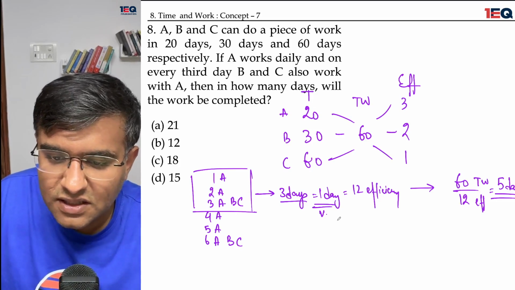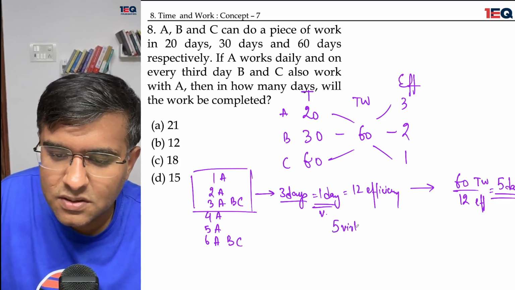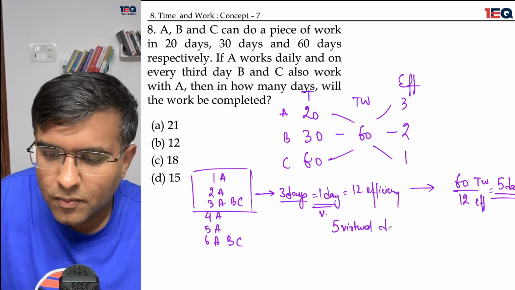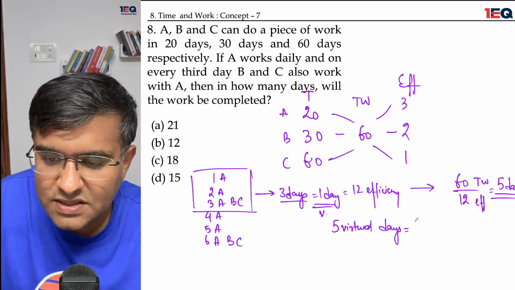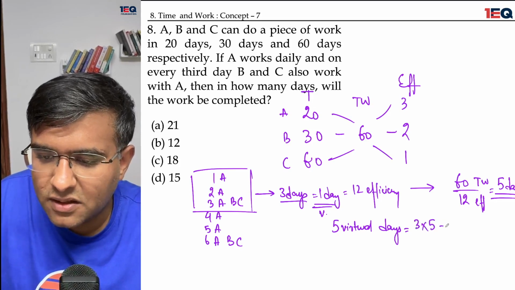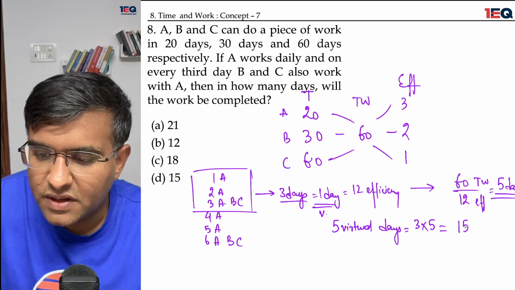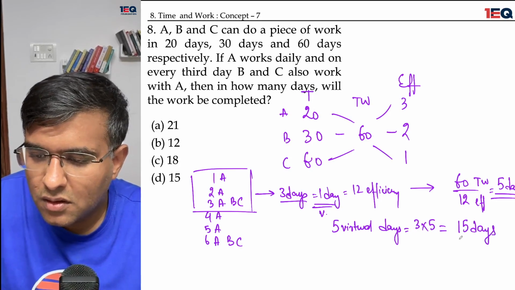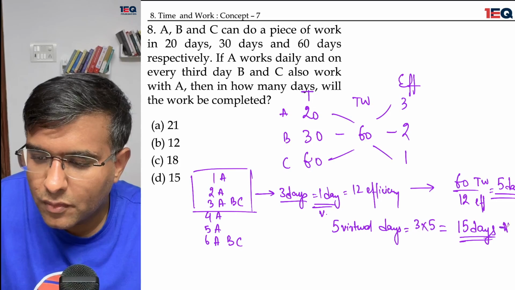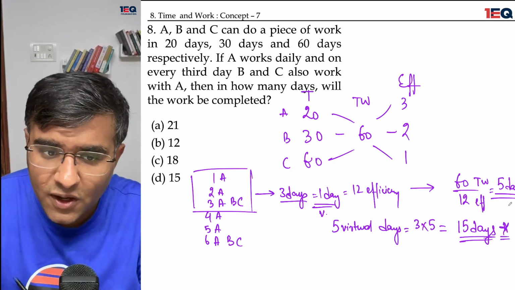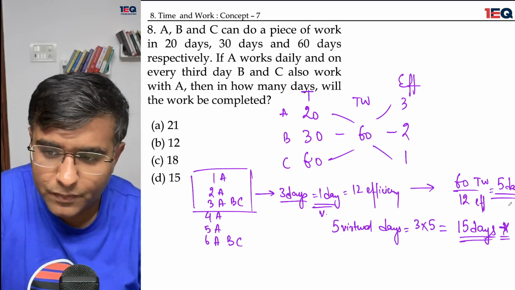This 5 days is nothing but 5 virtual days. 5 virtual days need to be multiplied by 3 to get the real days. The real number of days is 15 days. Okay, I hope we are sorted. I hope we are good. Yep. Okay, let's move on.